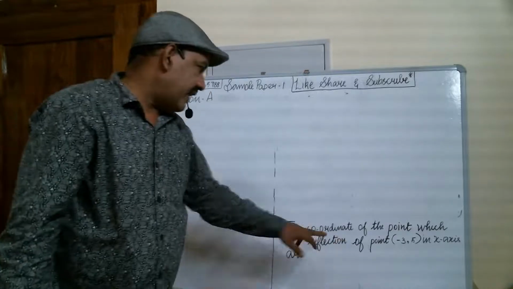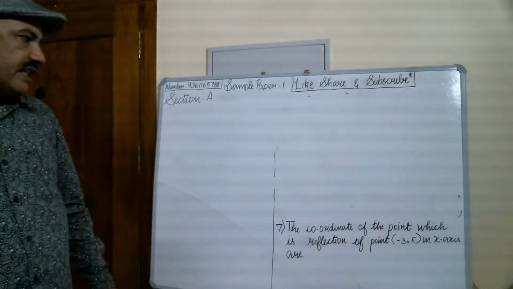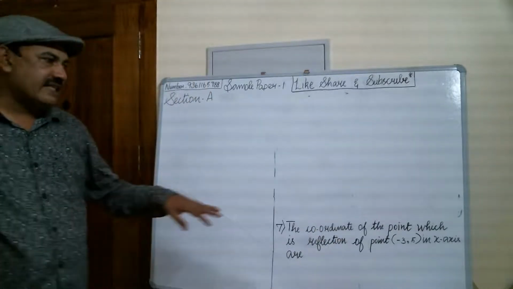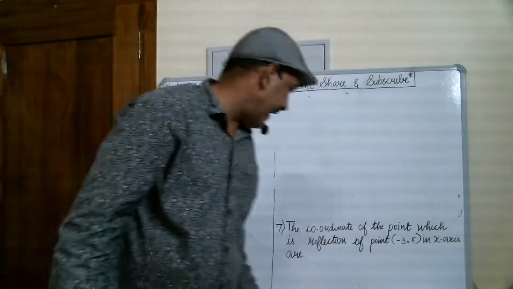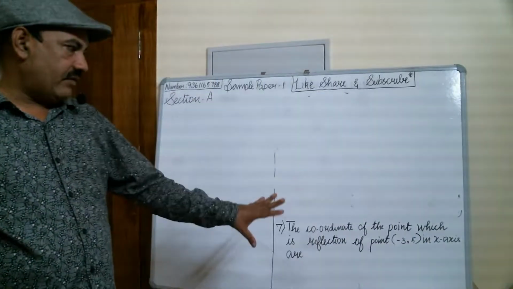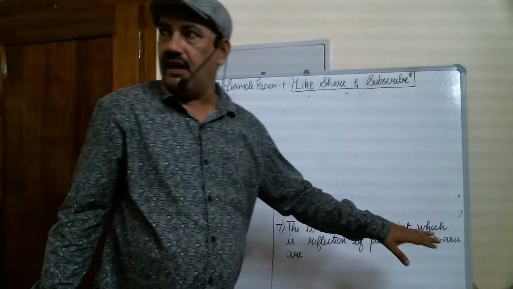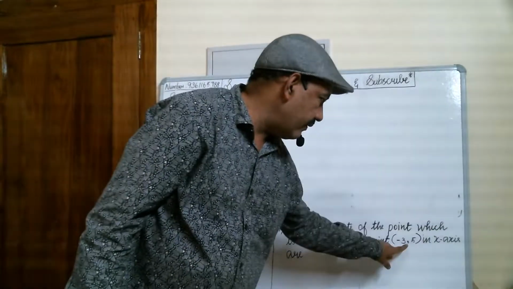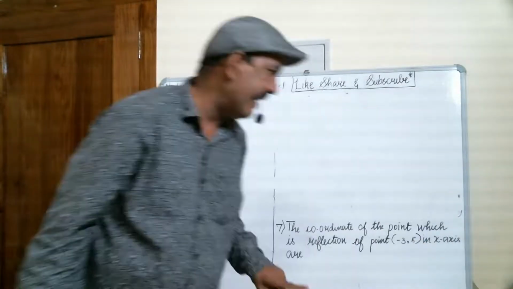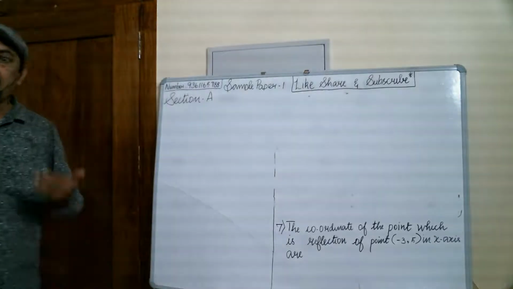Again, coordinate geometry. The coordinate of the point which is a reflection of the point -3, 5 in the x-axis. So this point is reflected in the x-axis. You have to consider the x-axis as a mirror.